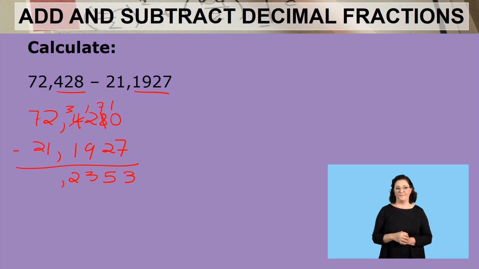Now you replace your comma there, then you go 2 units, subtract 1 unit, which will give you 1, and then you say 7 tens, subtract 2 tens, which will give you 5 tens. And your answer would be 51,2353. Get it? It's that easy. Let's move to the next concept.